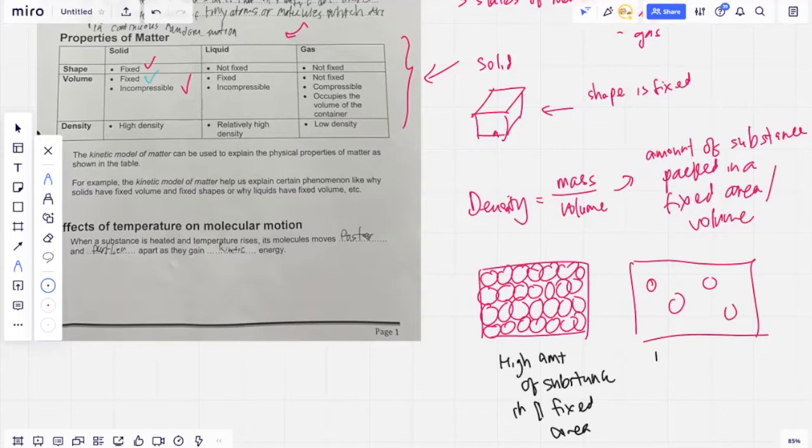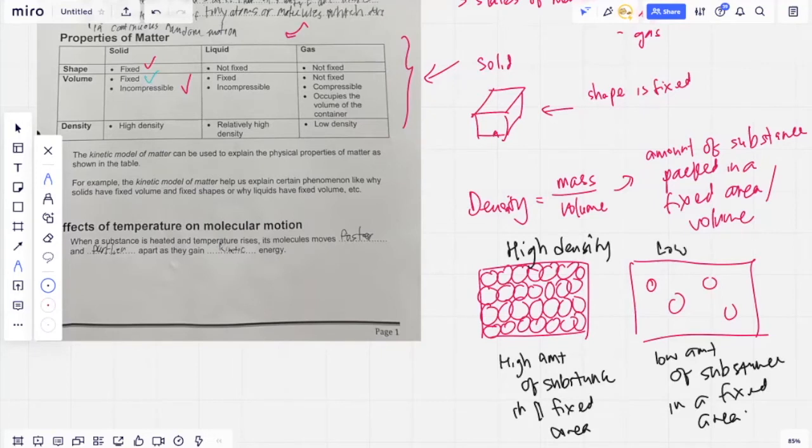Then this is the low amount of substance in a fixed area. So if there is a high amount of substance in a fixed volume, that means this is high density. This is low density.